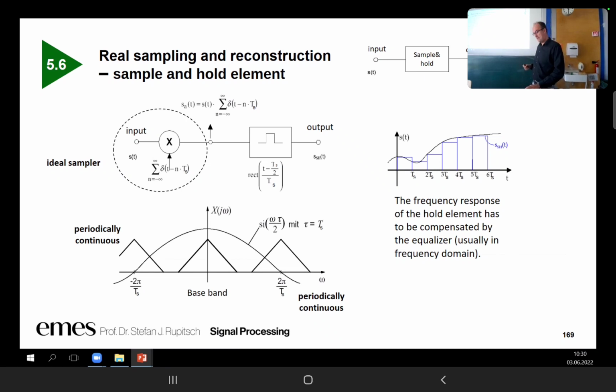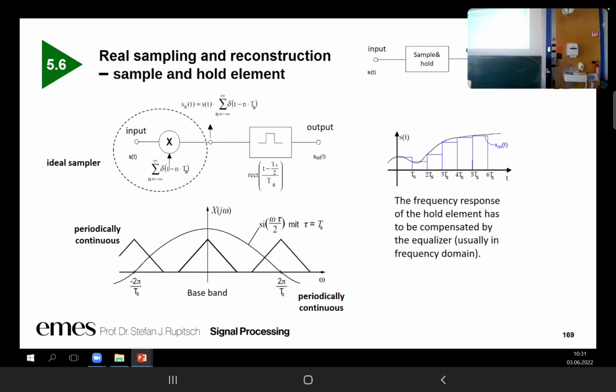Ideally, we are able to reconstruct the signal exactly with this baseband information which we are interested in. And again, this sinc function causes a reduction of our signal in the baseband, especially for higher frequencies.